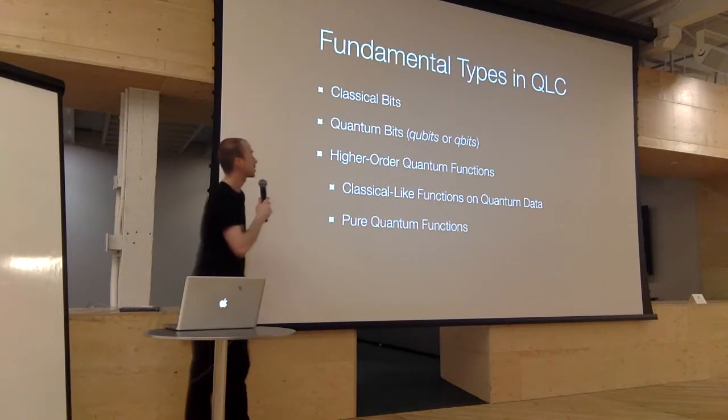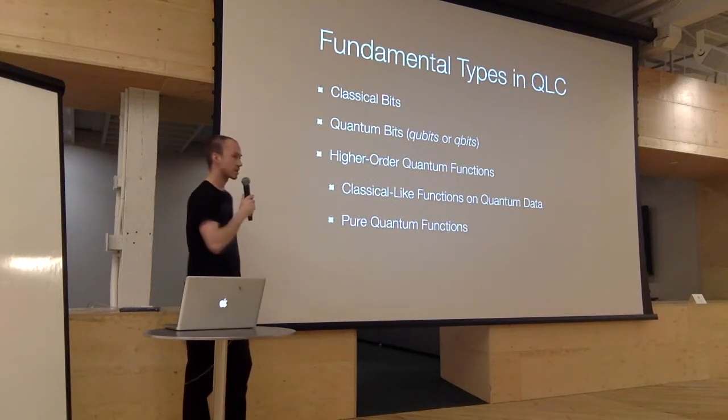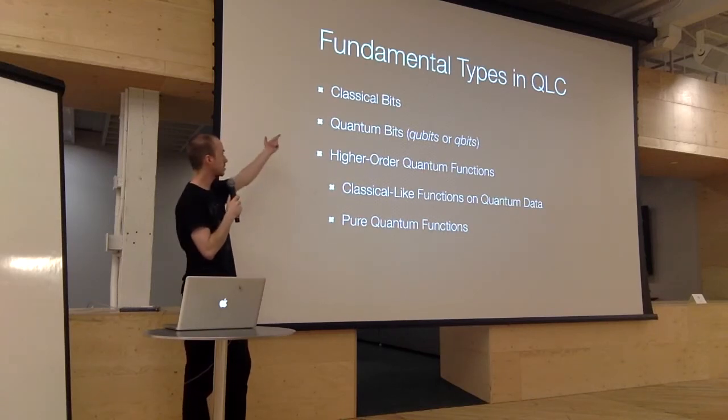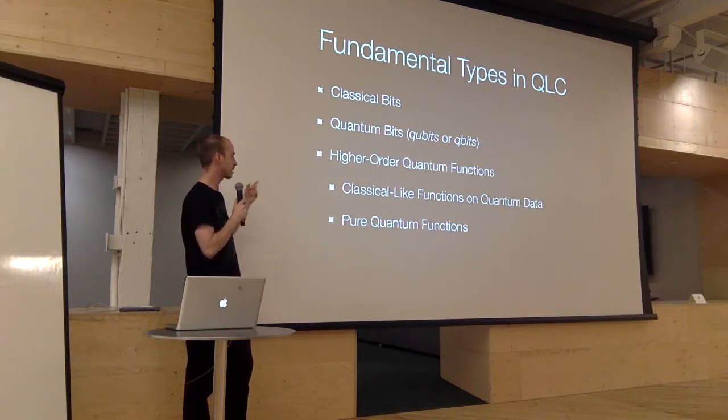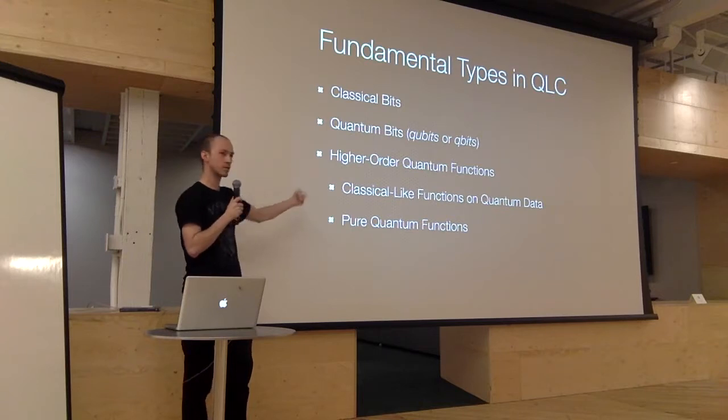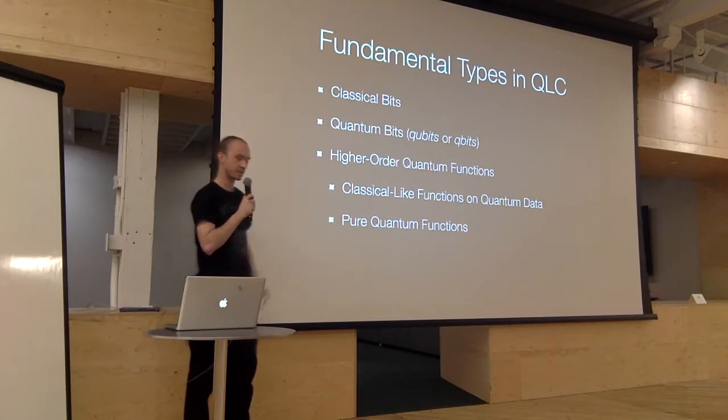Since the quantum lambda calculus is strongly typed, it does have some types built into the language. The types that come right with the syntax are classical bits, quantum bits, and higher order quantum functions, which normally appear as either classical-like functions on quantum data or pure quantum functions.